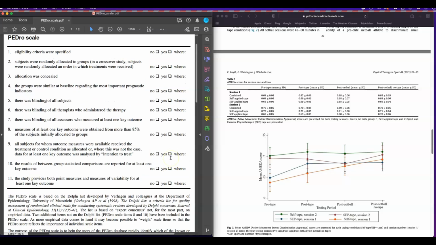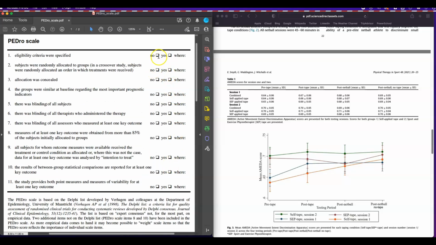So if we were to review the score for this particular study, we would say the answer was yes for number 1, right? The answer was yes for number 2. The answer was yes for number 3. The answer was yes for number 4.